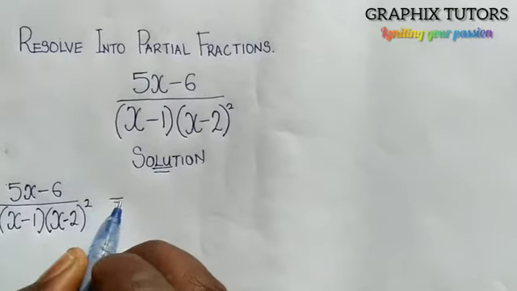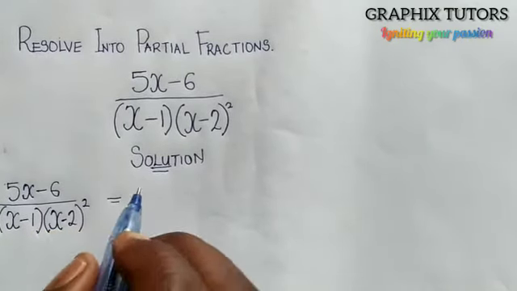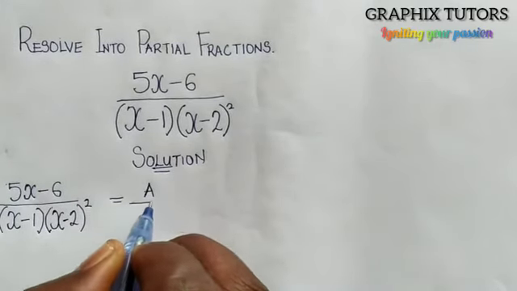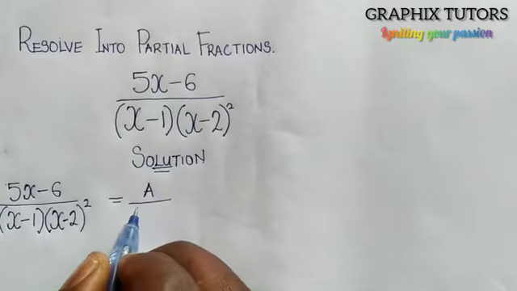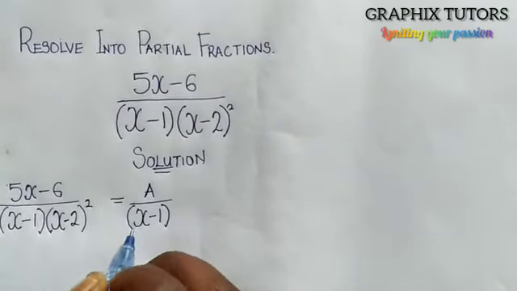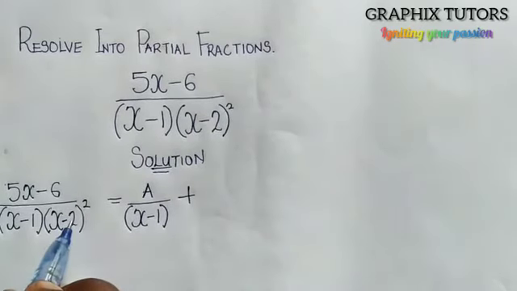Now you're going to take these two here, you place them, first one should be under A, so this will give us A over x minus 1, right, plus, now these two are 2.